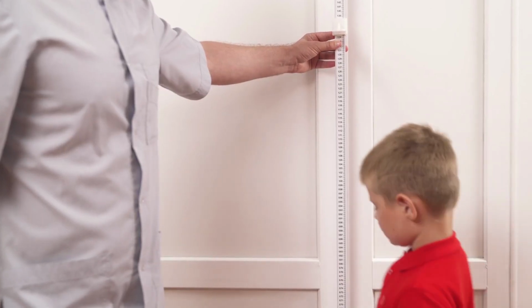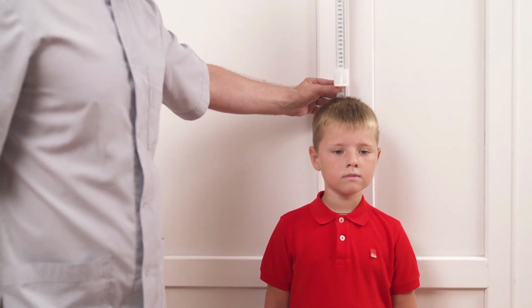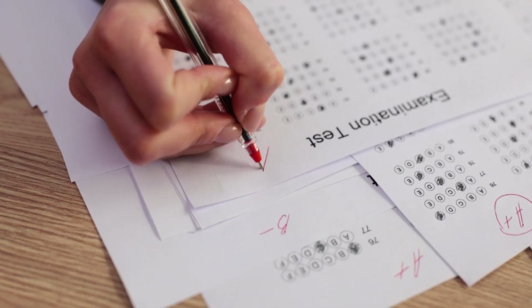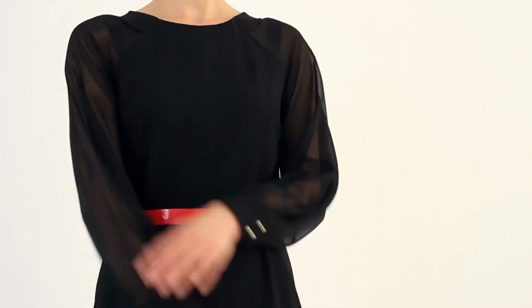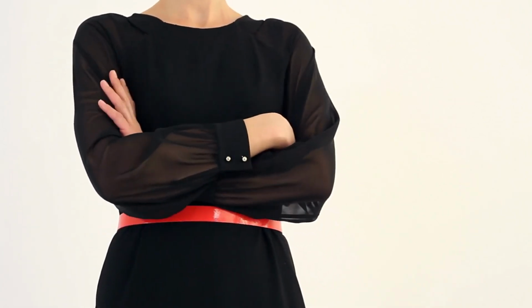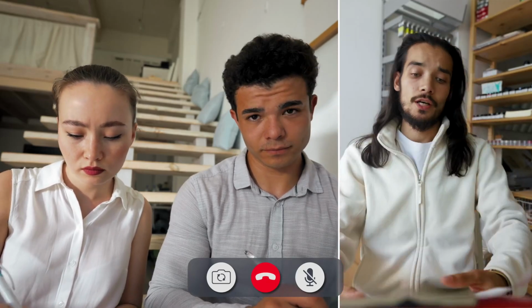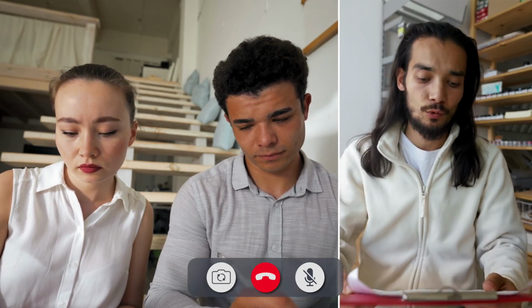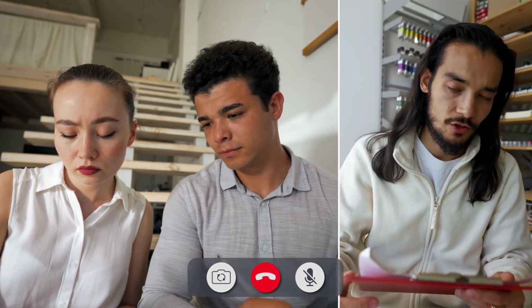Now let's talk about progress monitoring. Progress monitoring helps us answer one very important question. Is what I'm doing actually working? Many of the same tools we use for screening can also be used to monitor student growth over time.